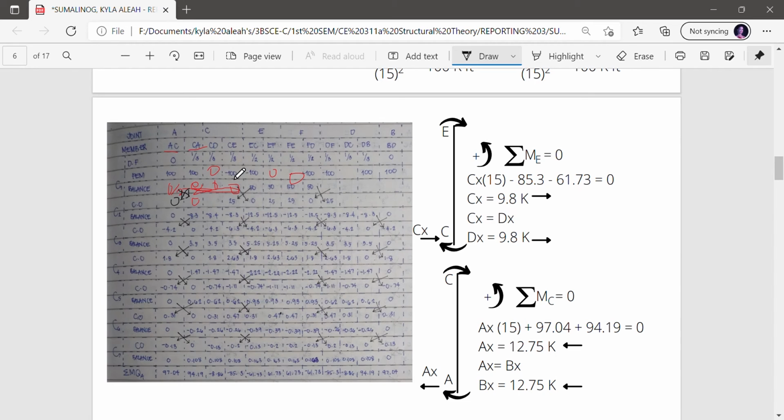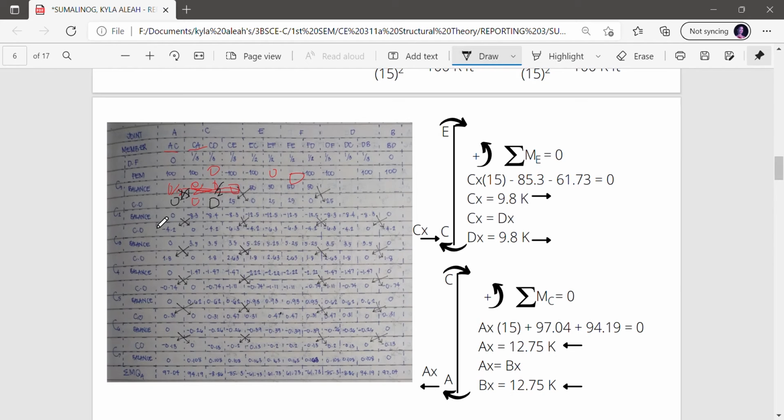It will cross over to the same member. If it is not connected or not the same, we are going to divide it by 2 and put it on its lower portion, which is 0. So that is how you get that. By doing it so on and so forth, that's how you will get the answer.